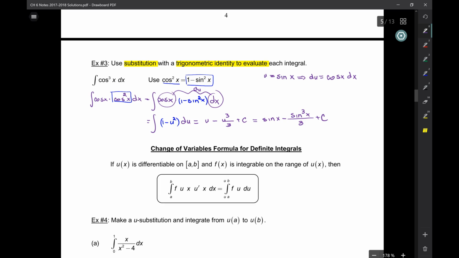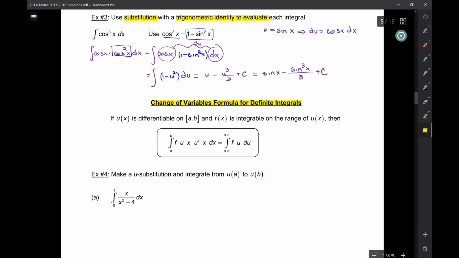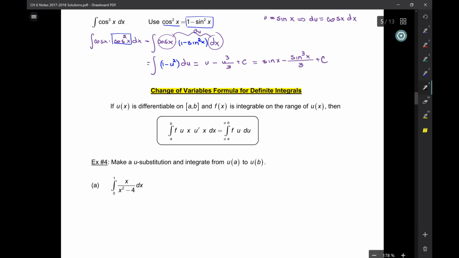If we want to use this for definite integrals, we can change the variables for definite integrals. So take a look at how we do this. This is the formula. This is what we had before, right? f of u of x times u prime of x dx.